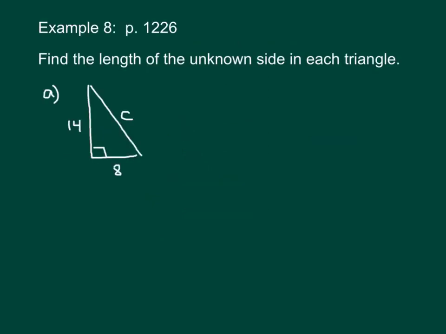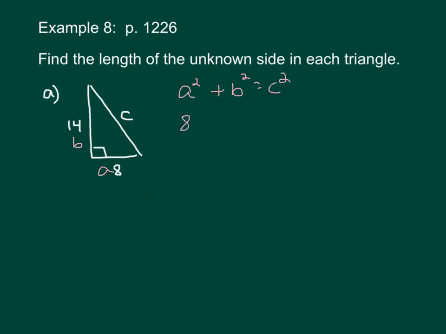So example 8 says find the length of the unknown side in each triangle. So I can label this a and b, and I'm looking for c. So a squared plus b squared equals c squared.